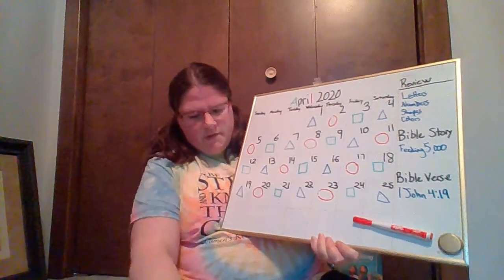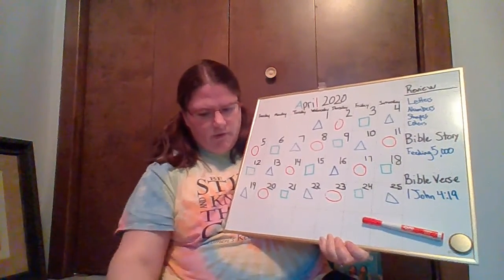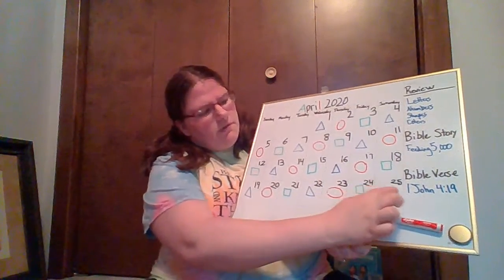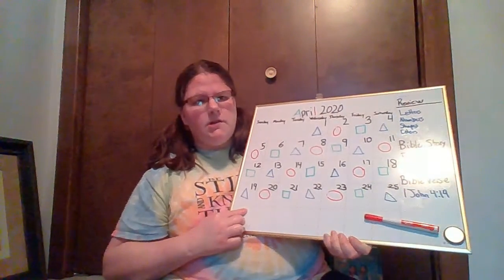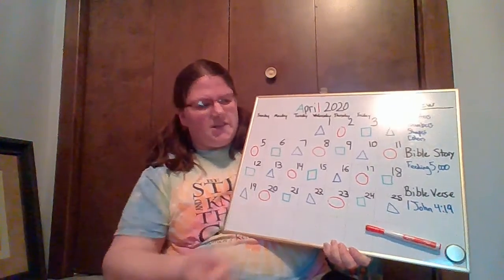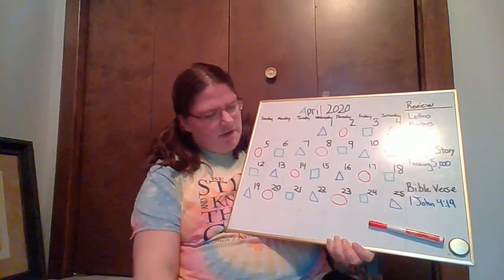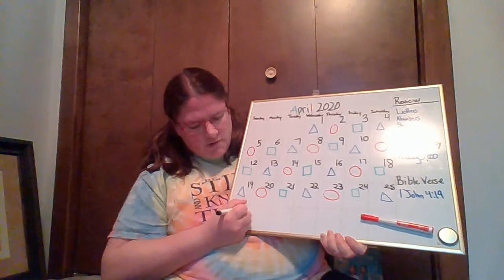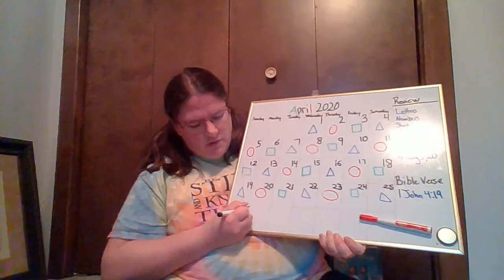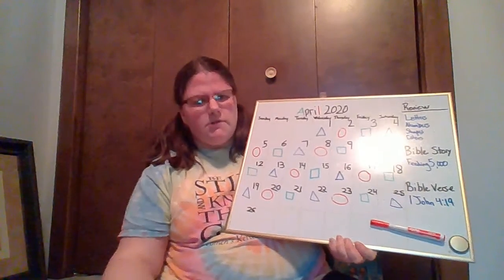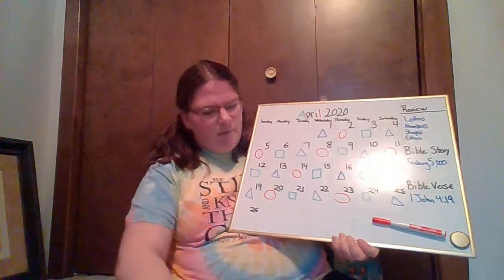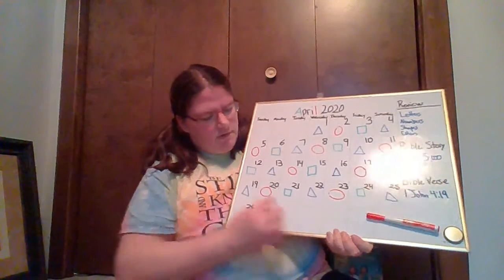Okay. So we have numbers 24, 25, 26 comes next. 26 looks like this. 2, 6.